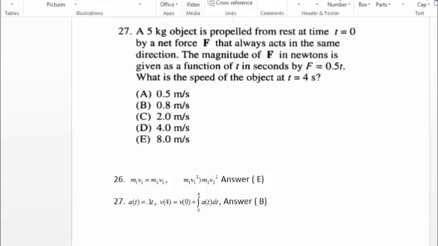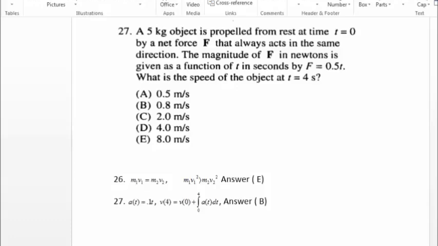So here we have got the force which is a function of time. So we have to find out the acceleration as a function of time. So F is equal to ma. So a of t is equal to F of t by m. This is 5. So we have a of t is equal to 0.1 t.